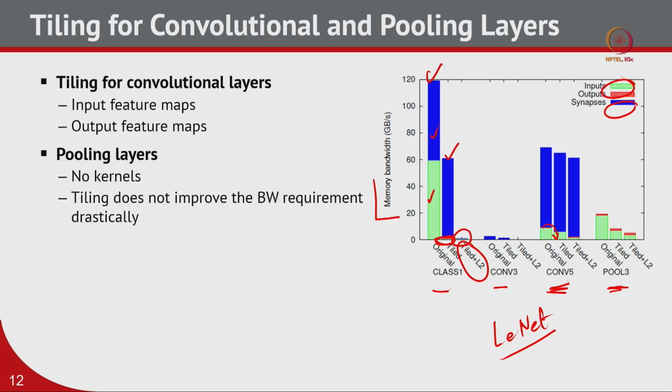So, when we have pooling and on top of pooling we perform the tiling, there is a significant reduction in memory bandwidth required for the input activation. And then again, on top of that, if the L2 cache is used judiciously, the memory bandwidth requirement is further reduced. Again, the L2 cache is farther from the processor, like L1 is sitting nearest to the processor, L2 is sitting farther from the processor, and typically L2 is shared between different cores.